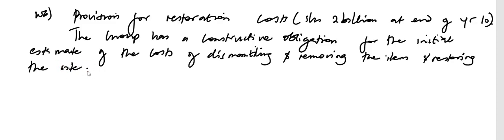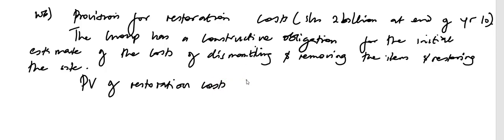Okay, so now how do we measure this provision? Time value of money is material, so we have to discount and measure this provision at its present value. So the PV of the restoration costs will equal 2 billion.